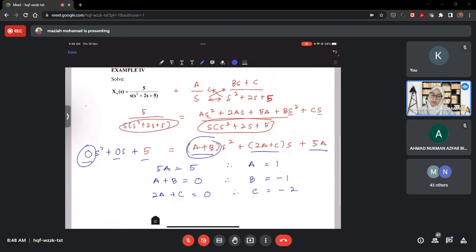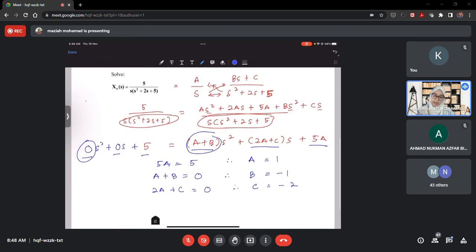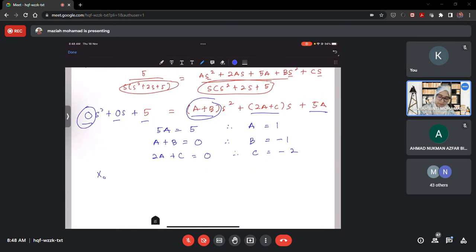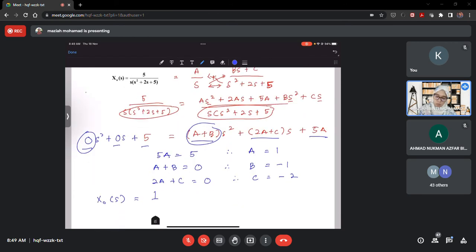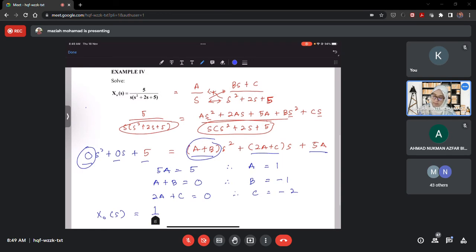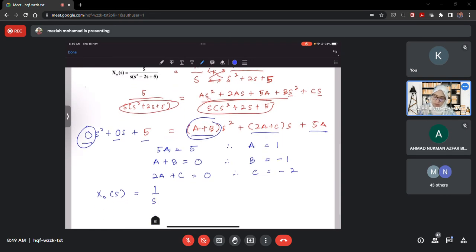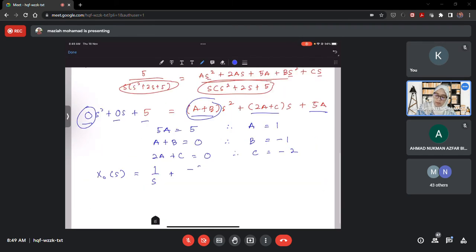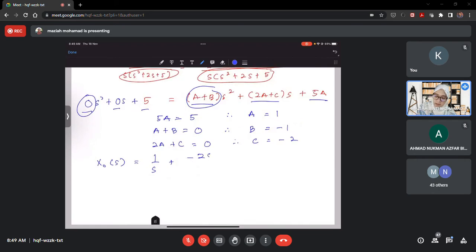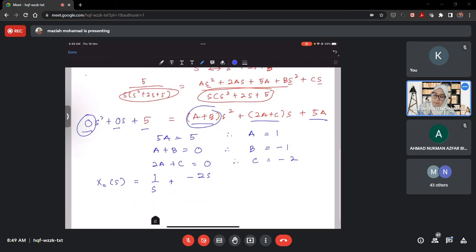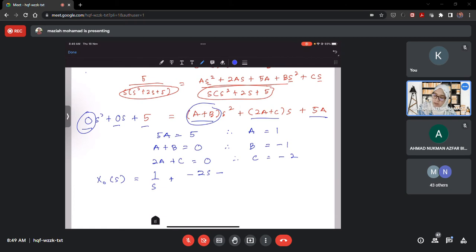So we're going to replace into the equation. Our x naught s is equal to 1 over s, plus B is minus 1, so minus 2s, minus s minus 2, B is 1, right?